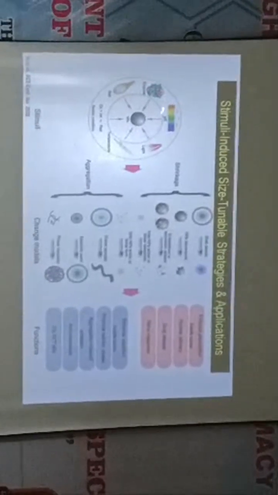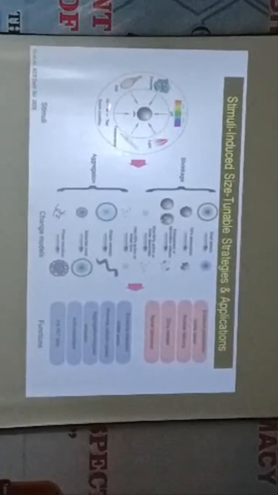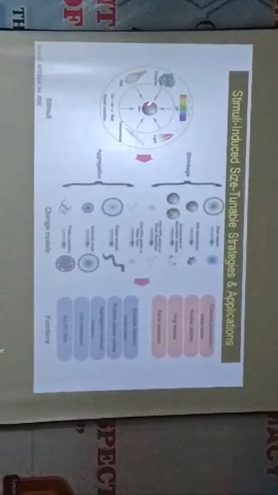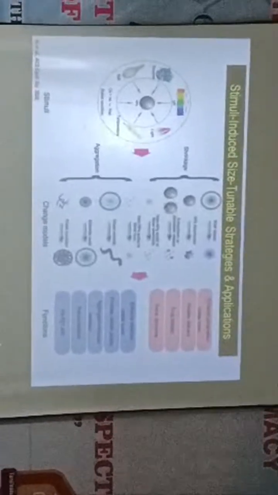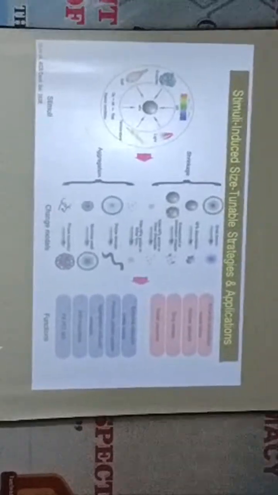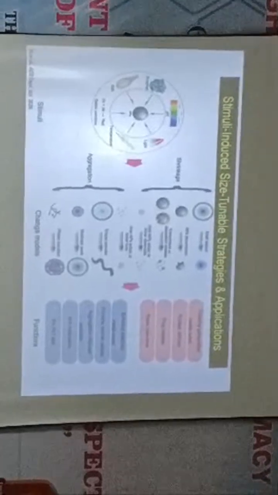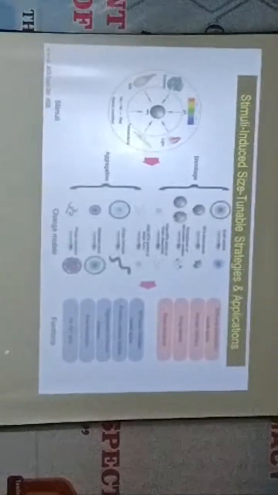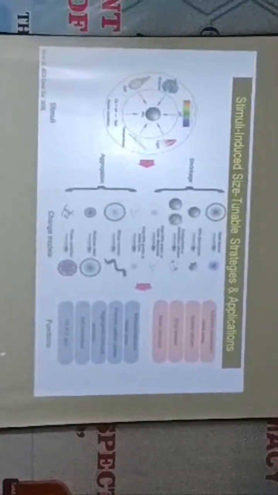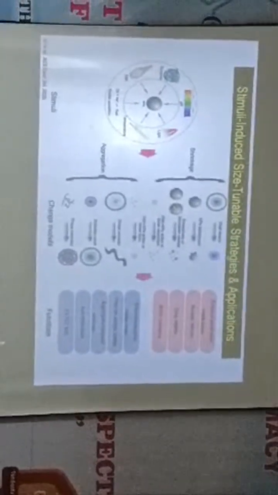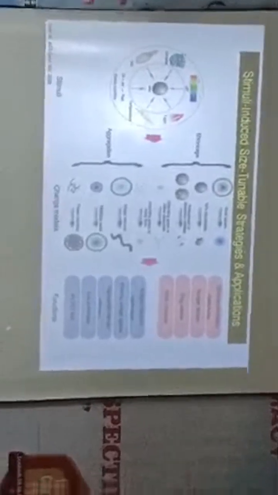So when you talk about stimuli responsive systems, there are various stimuli by which you can control the release profiles. For example, pH. Is the pH of normal cells and cancer cells the same? Cancer cells are normal cells but in abnormal growth, right? So obviously their extracellular matrix, physiological components, and genetic information will be altered, so their pH is also different.